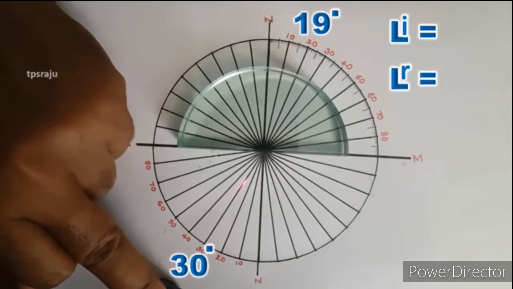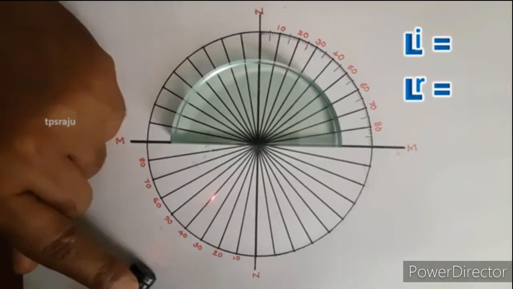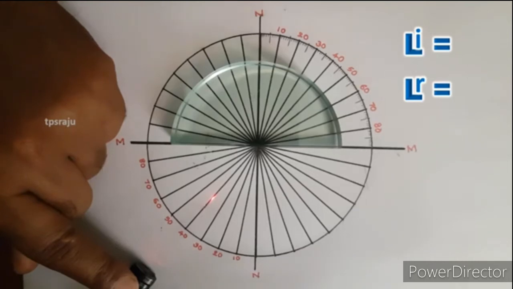Next, consider the angle of incidence as 30 degrees. At 30 degrees, the angle of refraction is 19 degrees. So, angle i is 30 degrees and angle r is 19 degrees. Next, send laser light along a line which makes 40 degrees angle with NN and measure its corresponding angle of refraction.